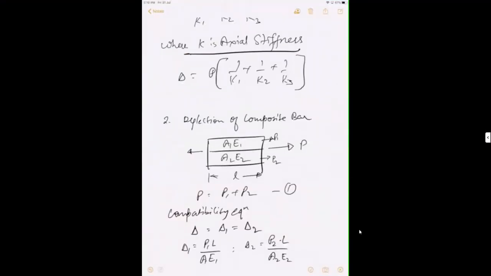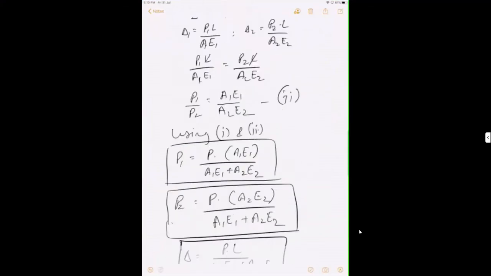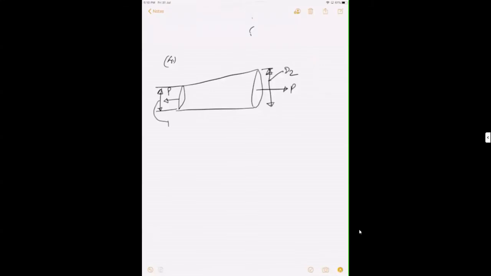We want to calculate for this circular tapering section like this. Here I have applied the load P, here I have applied the load P. This is my D2, meaning diameter at the second section, and this is my D1.